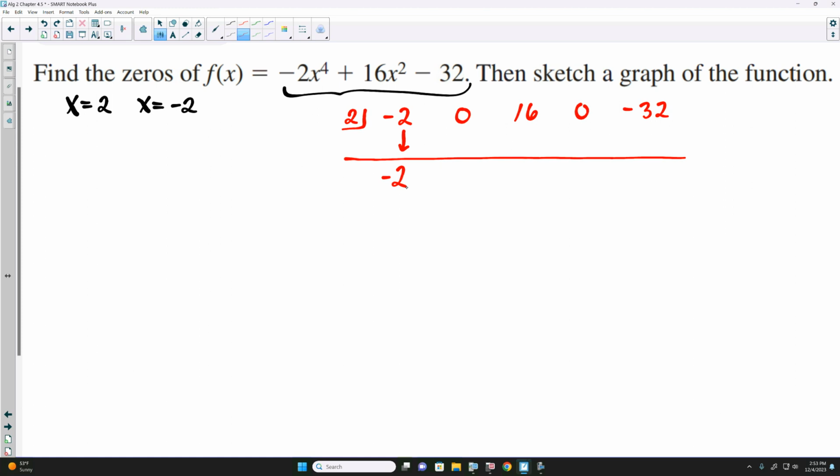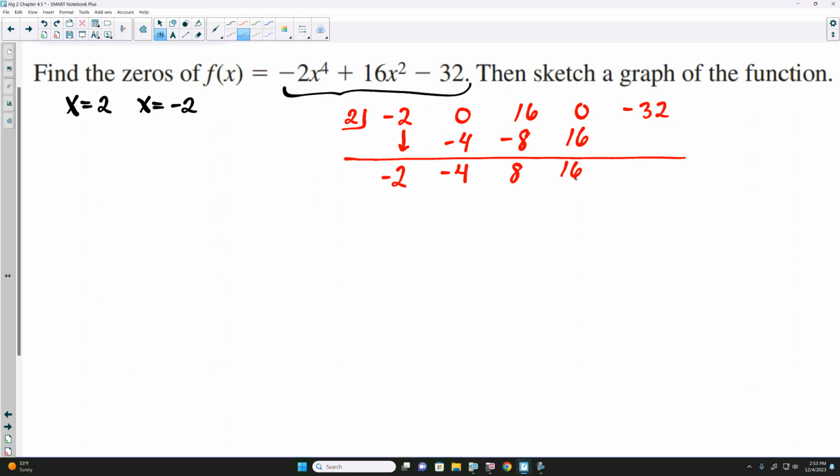Now the first thing we can do is our multiplication. 2 times negative 2 is negative 4. 0 plus negative 4 is negative 4. 2 times negative 4 is negative 8. 16 plus negative 8 is 8. 2 times 8 is 16. 0 plus 16 is 16.